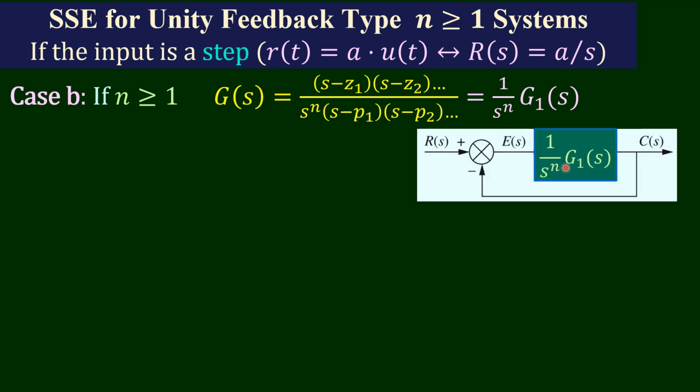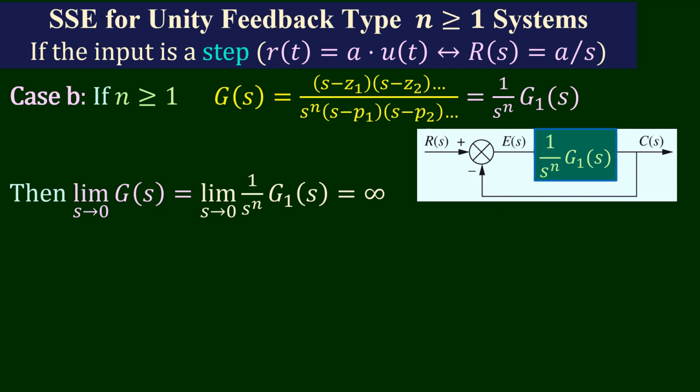So here n is equal to 1. In this case, the gain of the open loop transfer function will be equal to infinity.